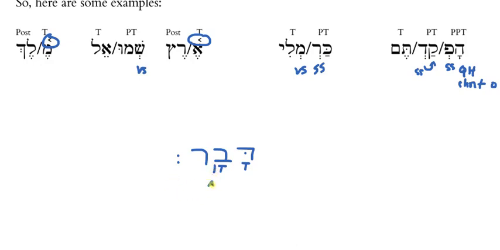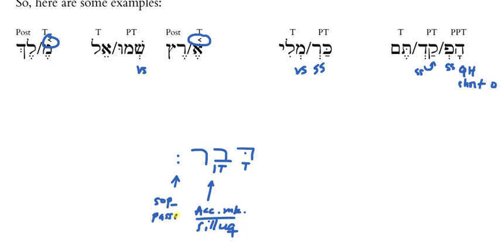So the accent mark is called silluq. Okay? That is an accent mark. This double diamond or double dot, that is called sof pasuq.